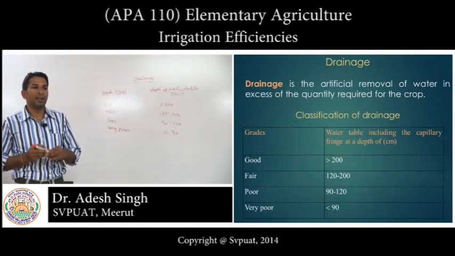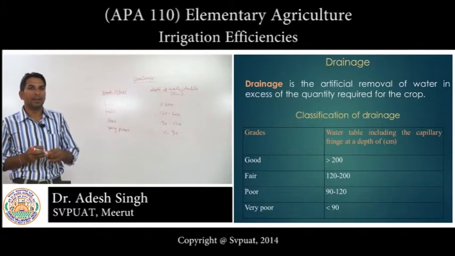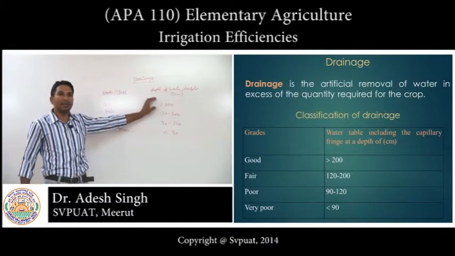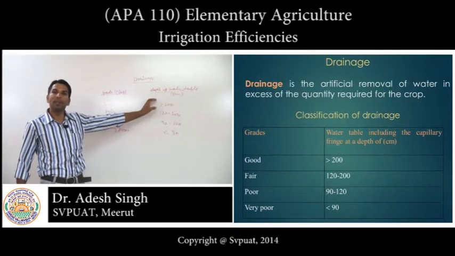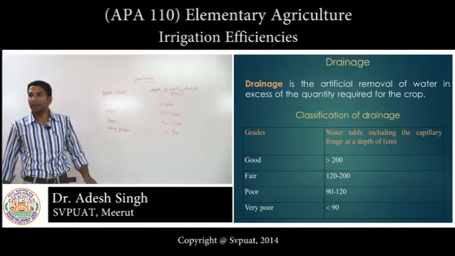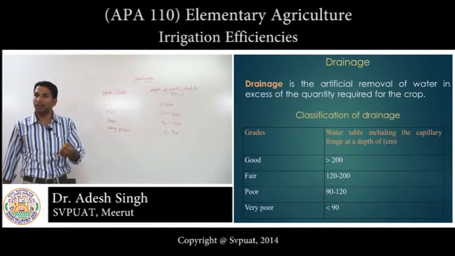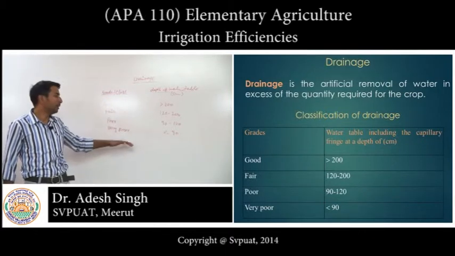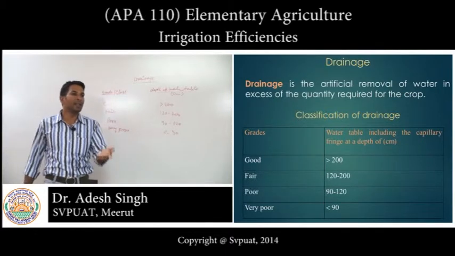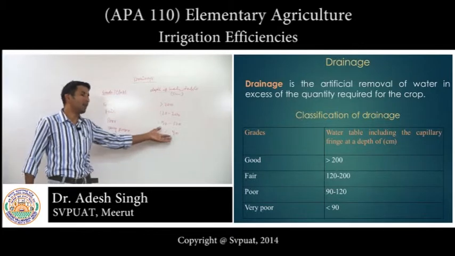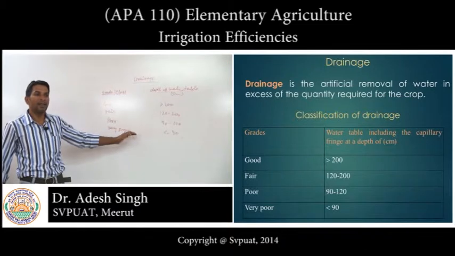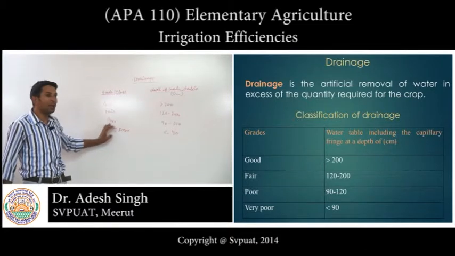If the water table at any place is deeper than 2 meter, then the soil is considered to have good drainage, and if the water table is near the surface, less than 90 centimeter only, then the soil is considered to have poor drainage.